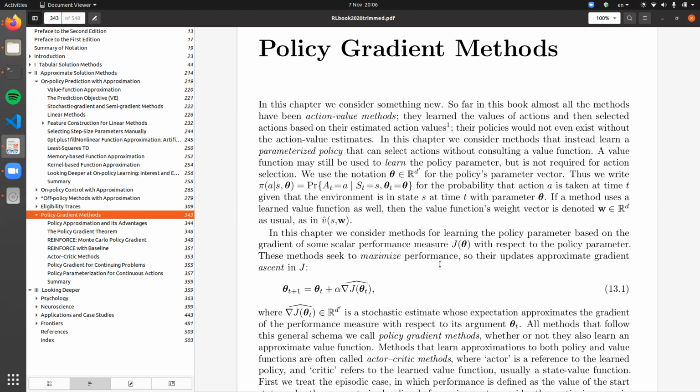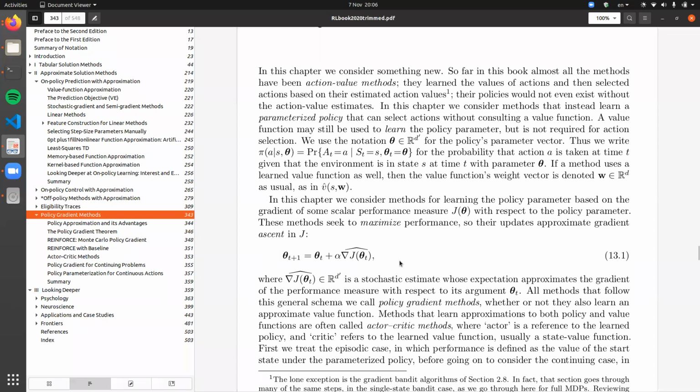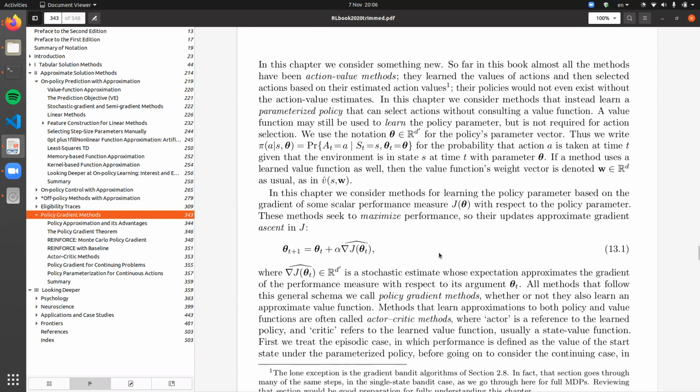So far we were trying to learn some value function. Usually it was like an action value function if we wanted to produce some control, but there is another way to approach the problem. What we can do is define some function that is a parameterized policy.